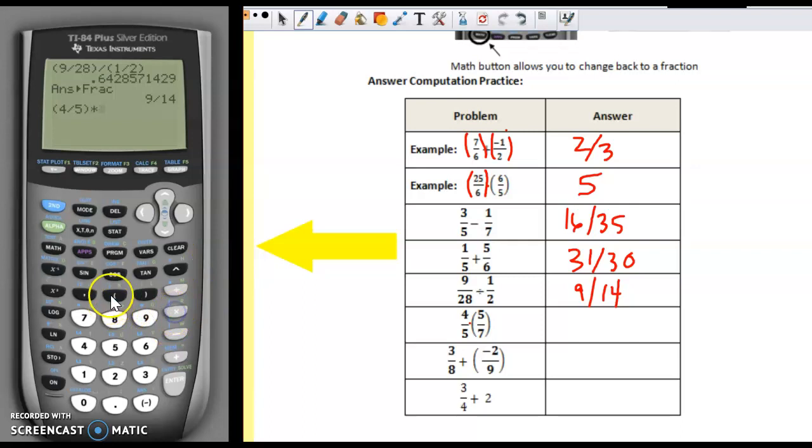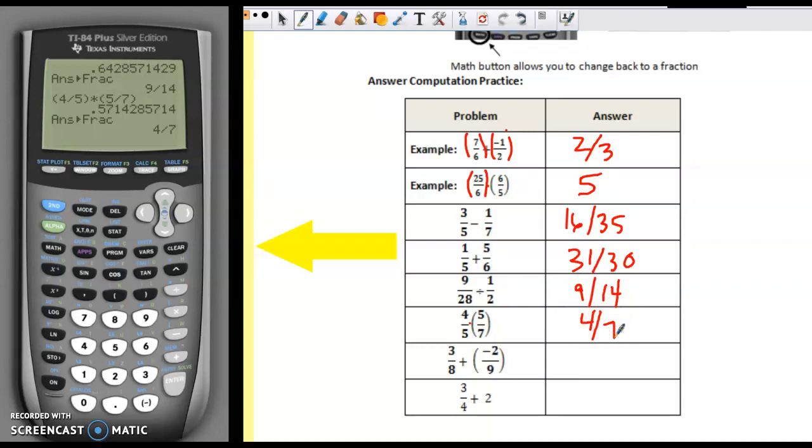And then we're going to multiply it, again, making sure that sign is outside of my brackets there. So 4/5 times 5/7. Again, it looks different than how it's written on paper, but this is how you would enter it in your calculator. I get a decimal answer, so math, enter, enter, and I get the answer of 4/7.